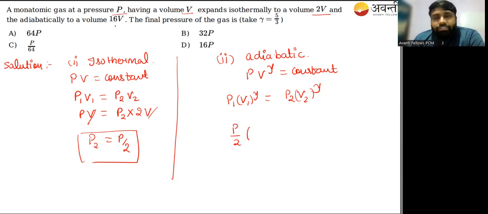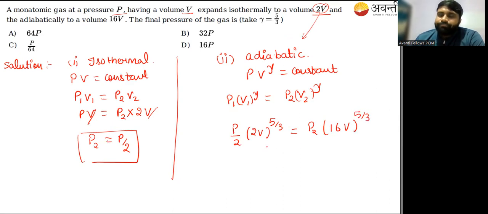Then it expands to 16V. So the initial volume for adiabatic is 2V. So P by 2 into 2V raised to the power 5 by 3 equals P2, which you need to find out, into 16V raised to the power 5 by 3. Now again open this and distribute the power.